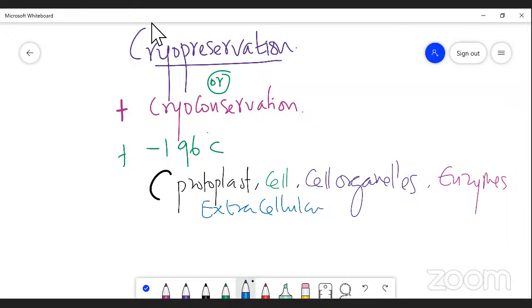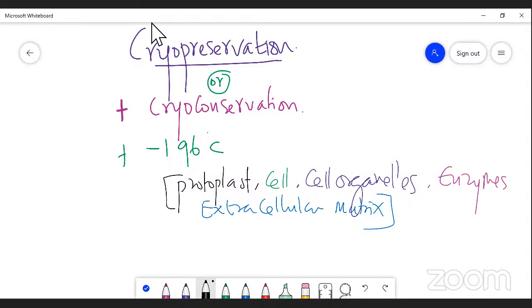So they are called cryo preservation. Cryo preservation is a storage or preservation of the following things, such as protoplast, cells, cell organelles, enzymes, extracellular matrix, right? Or proteins etc.